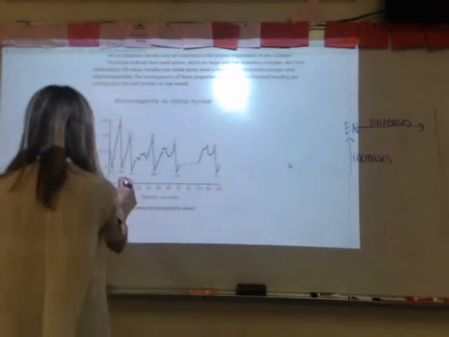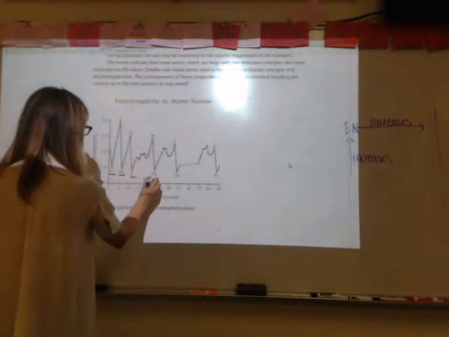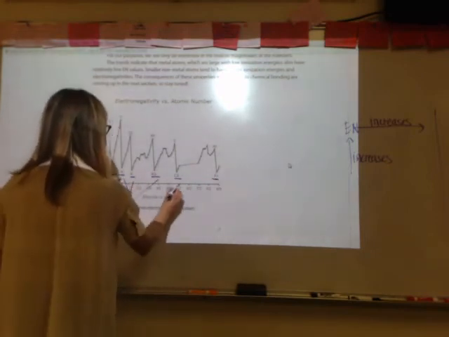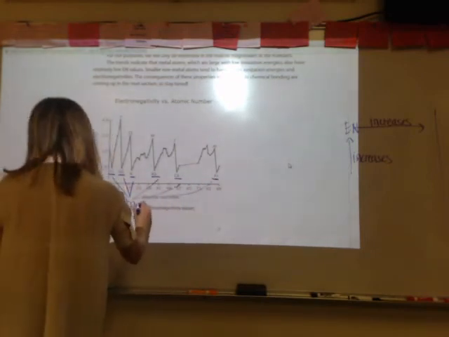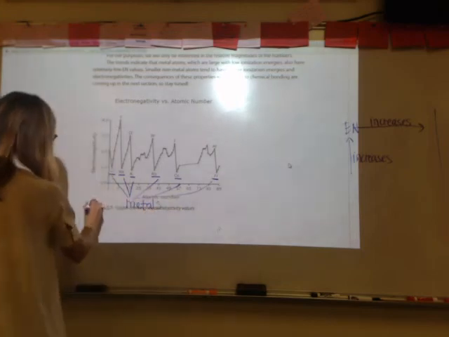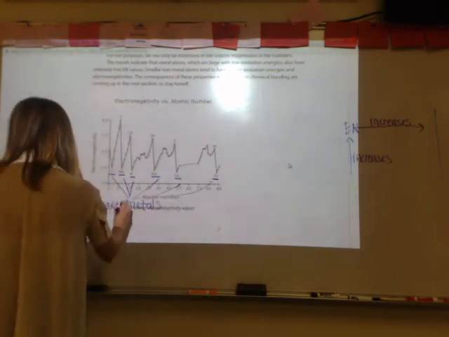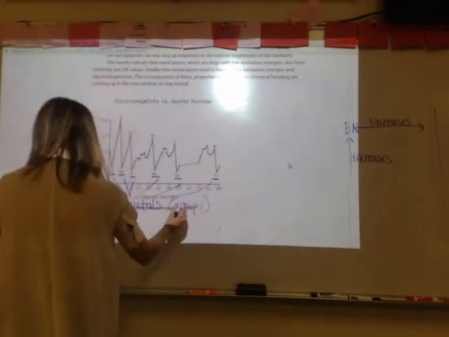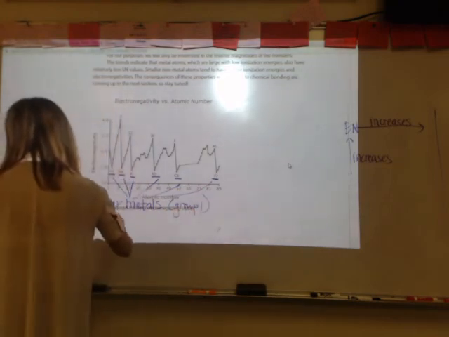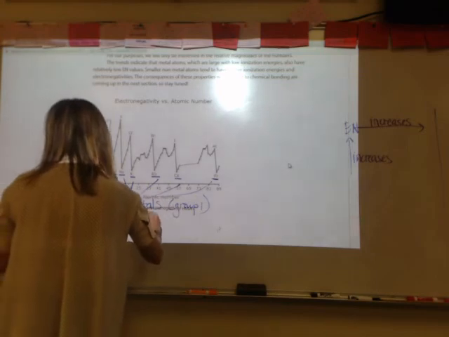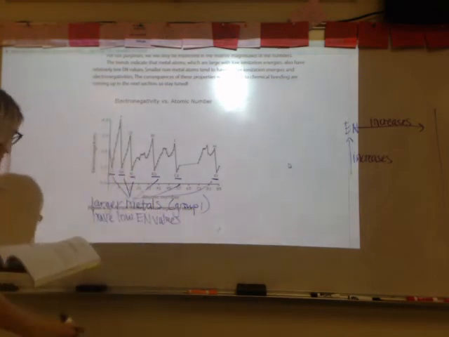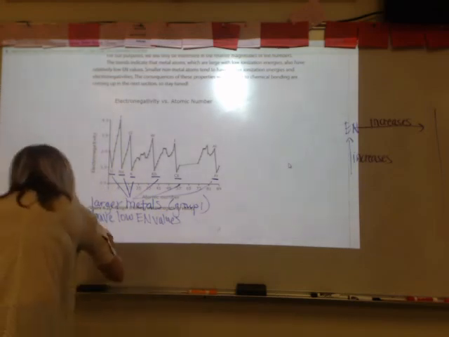So here you'll see in this figure, lithium, sodium, potassium, rubidium, cesium, francium. These are your metals, and they are larger metals. These are all from group 1, and they have low electronegativity values. Their nuclei are further from the bonded atoms.